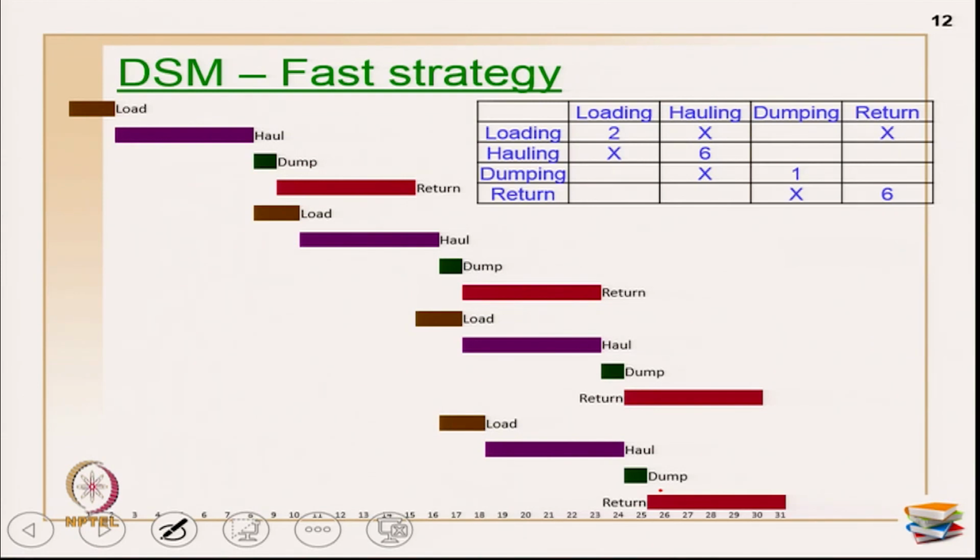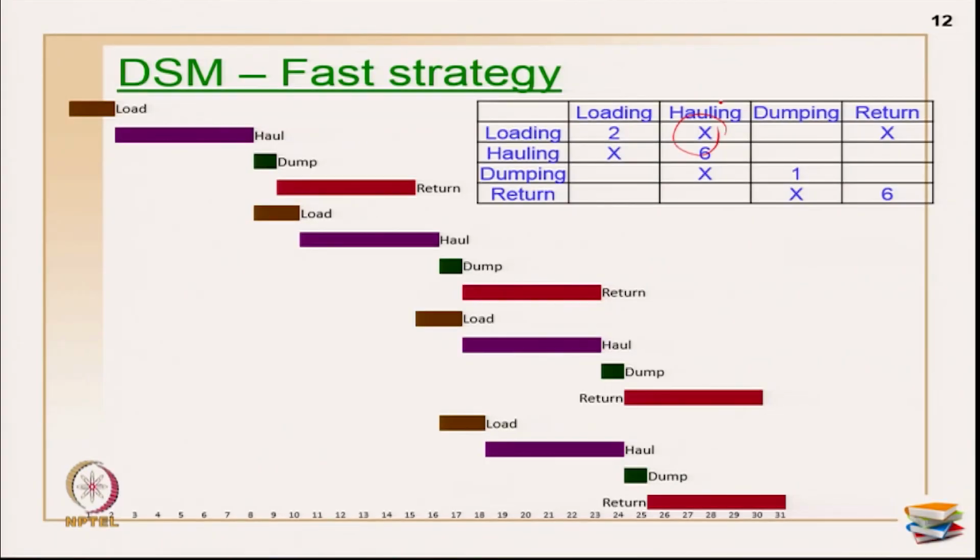Now, what is the meaning of the fast strategy? Let us assume I have more dump trucks, so I am going to fast track the mechanism. I have introduced one more X mark here. This implies that as soon as my hauling is done, I can still start my loading, and as soon as my return is done, I again do my loading.